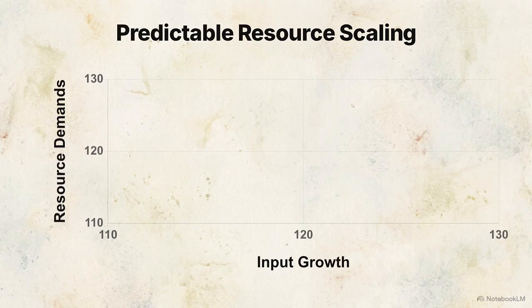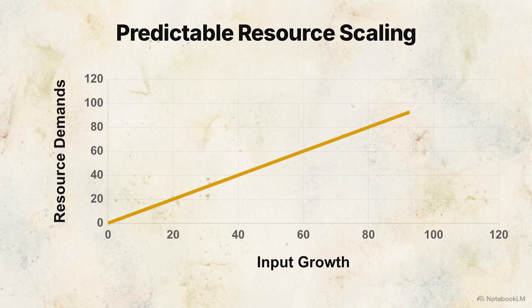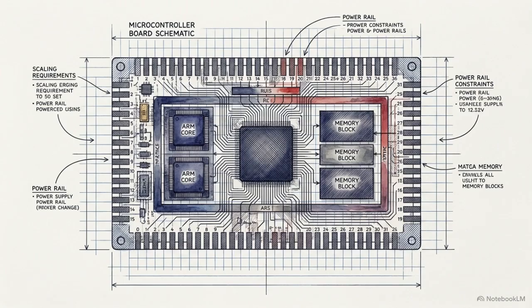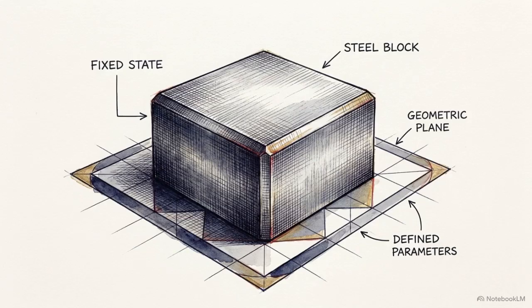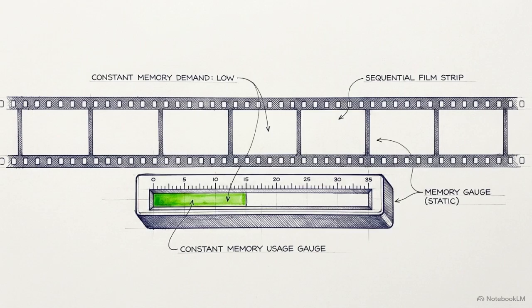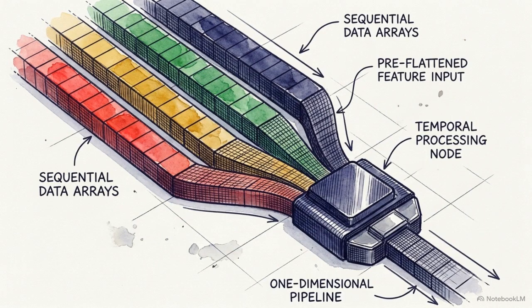We can prove this efficiency using Big O complexity analysis, which measures how an algorithm's resource demands scale as the input grows. For embedded deployment, predictive scaling is a strict requirement. The parameter count for the spatial blocks is fixed. It is O(1). It requires the exact same amount of memory regardless of how many frames you feed into the video sequence. The temporal layer only processes the pre-flattened feature arrays.